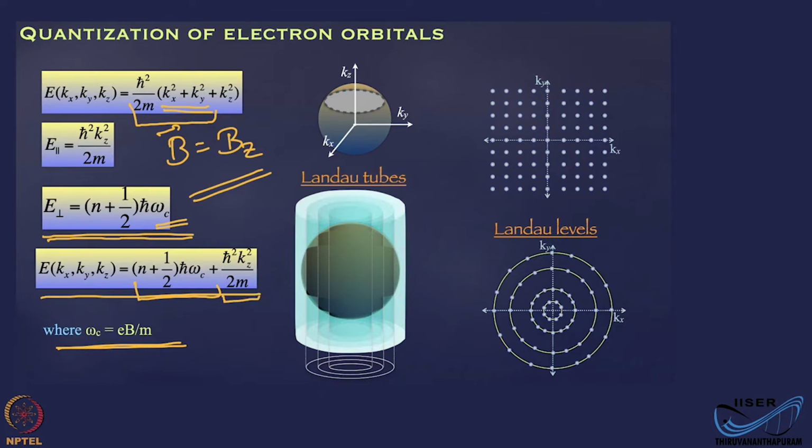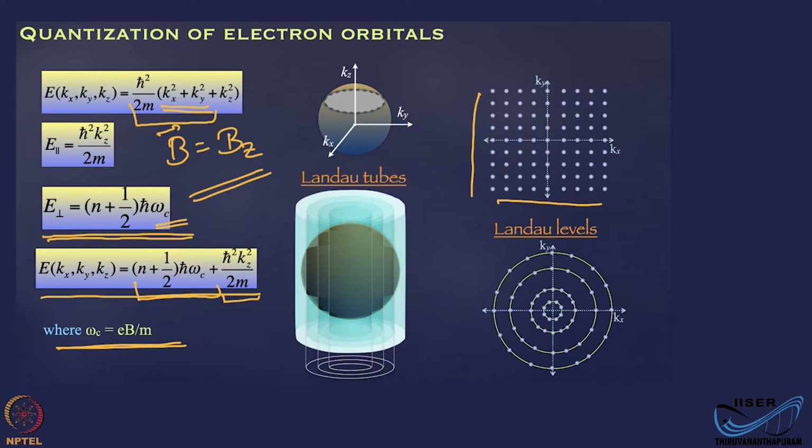That term is separate. So now, if you look at what has happened to these states in the k space, you have a uniformly distributed periodic set of states in the k space. Okay. Now, this kx and ky are no more a good representation.